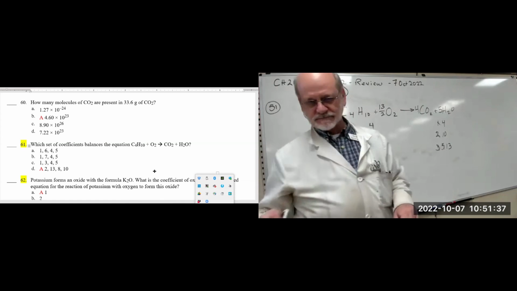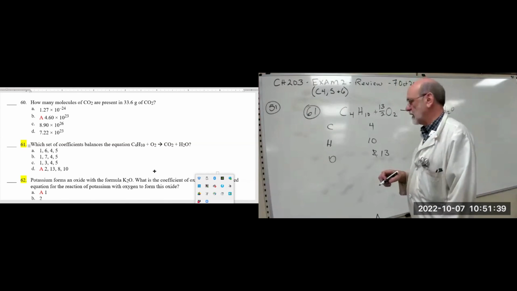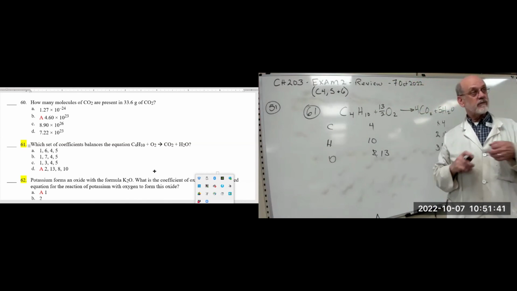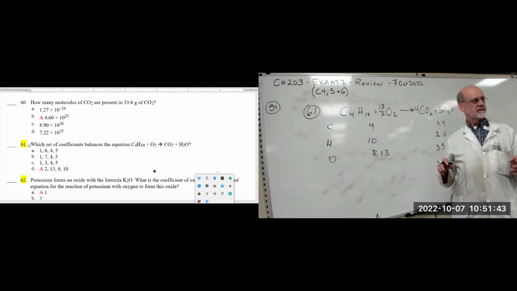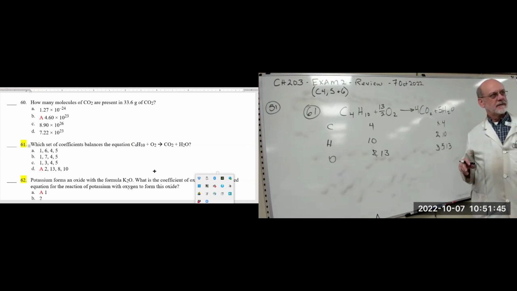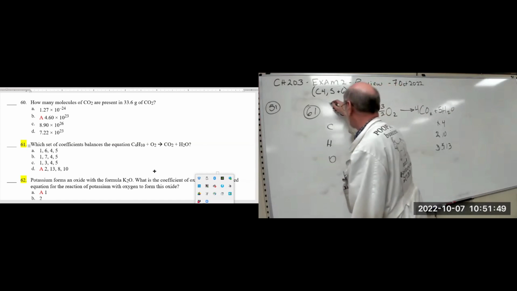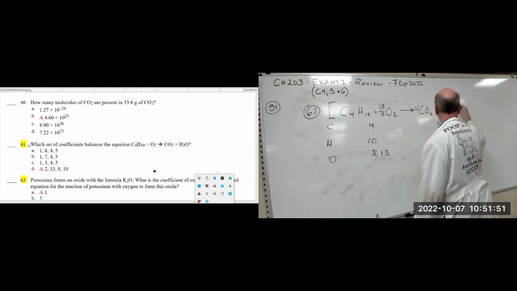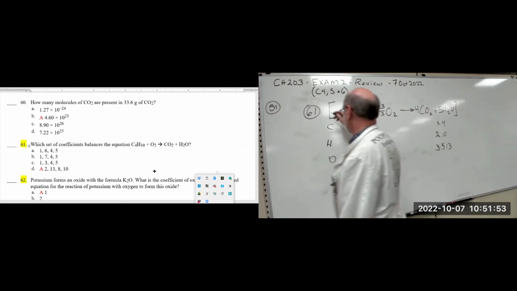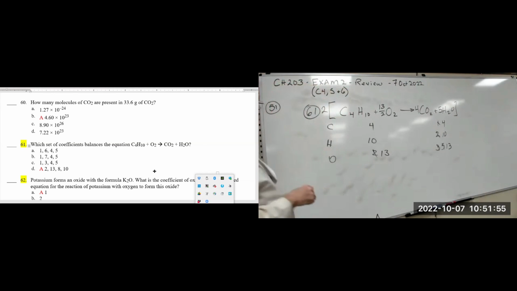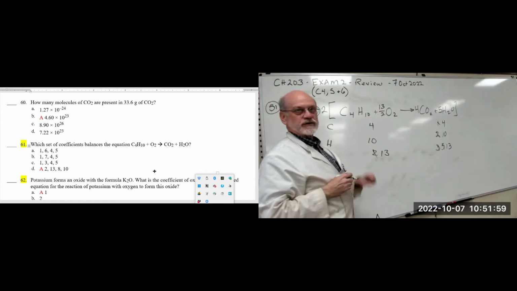But what we need is to get rid of the fractions. They're kind of messy. So how do we get rid of that fraction? Multiply the whole thing by that denominator. Okay? 2 of these is 13, right?